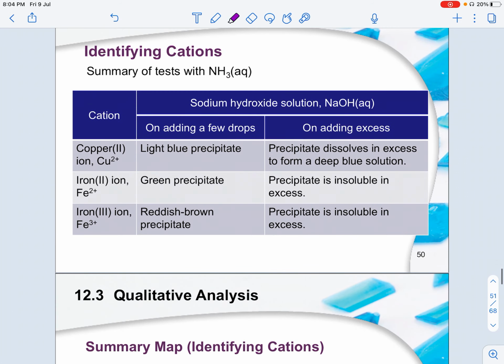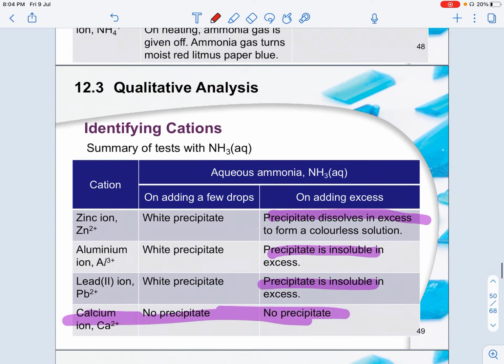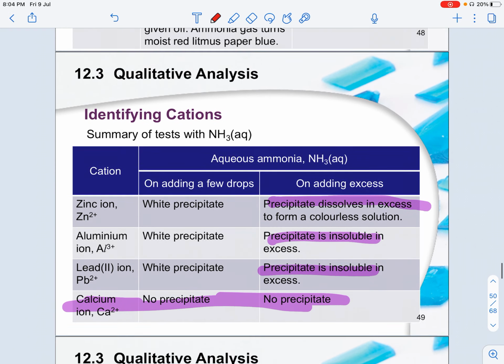Copper 2 plus, when you use aqueous sodium... this one is not sodium hydroxide, this is a typo here. It is aqueous NH3. I think there's a mistake.